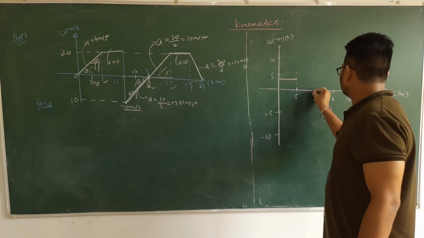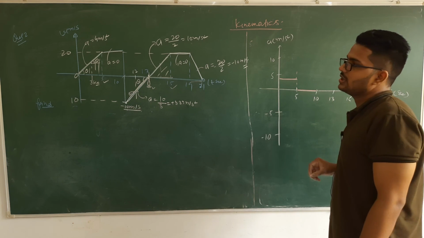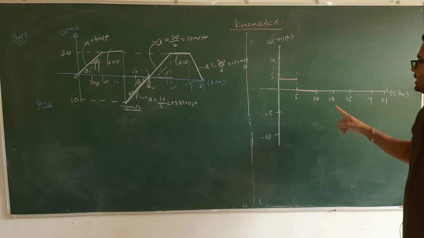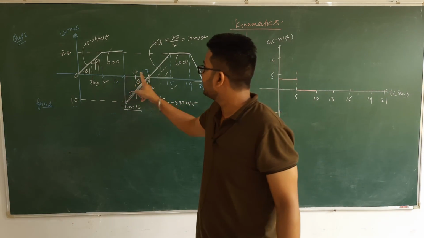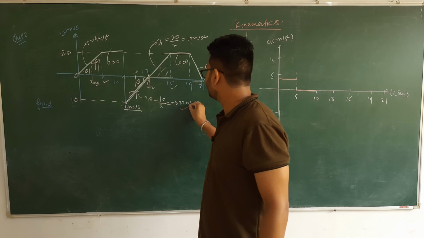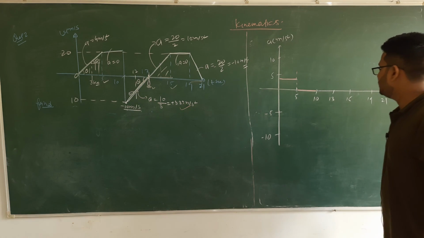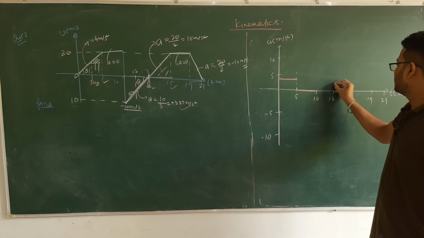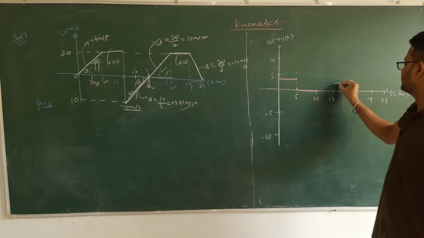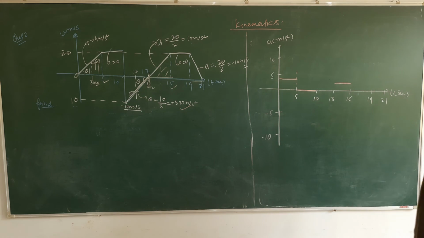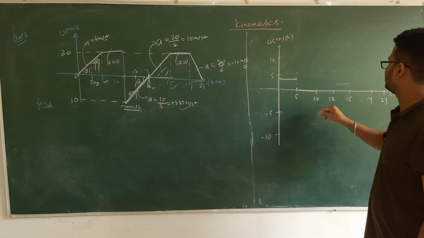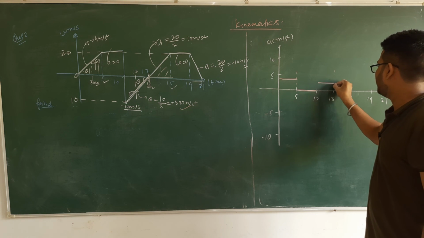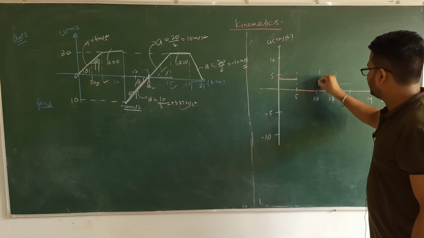Okay beta, between 10 to 13 second interval we have acceleration 3.33, so we have a line like this, 3.33. Okay beta, this type between 10 to 13 seconds.